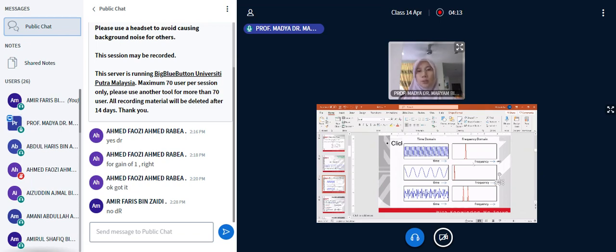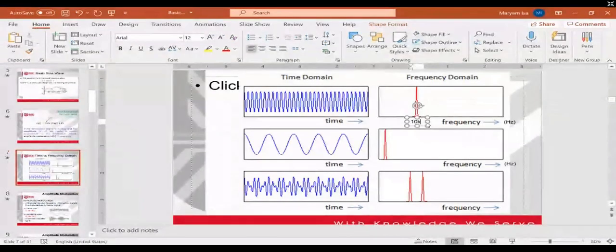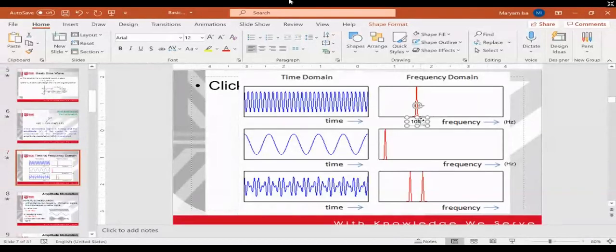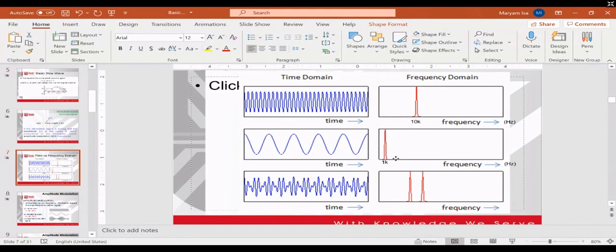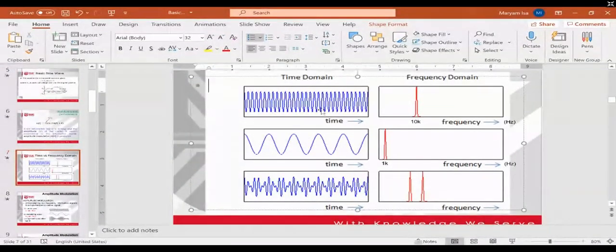For example, here is around 10 kilo, and this is 1 kilo. So this is a lower frequency. You can see there is a lower frequency here, and this will be the higher frequency. Okay, so this is a combination of two frequencies, for example, and you will see two peaks or three and so on.